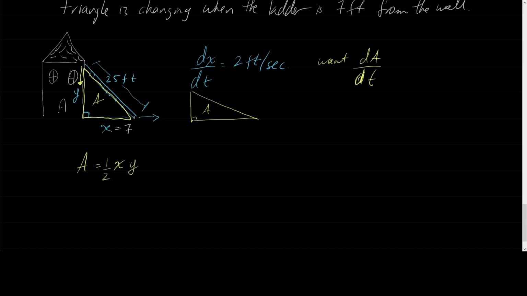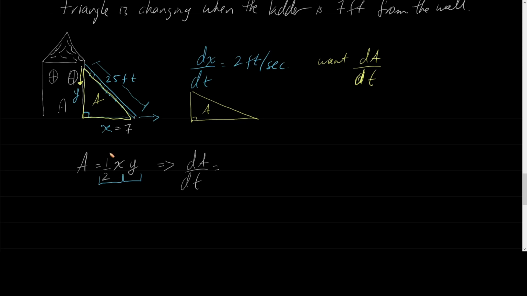1/2 base times height. All right, I'll go back to writing in white though. So in here we want the rate of change of this, and remember we're thinking of x and y as functions of time, right? So when I take my derivative, dA/dt, I've got the product of two functions of time, so I need the product rule.